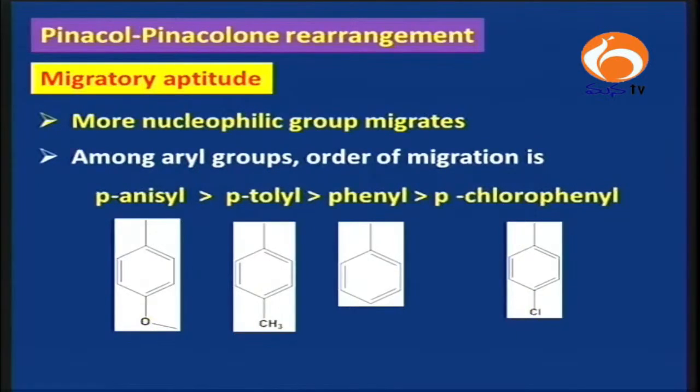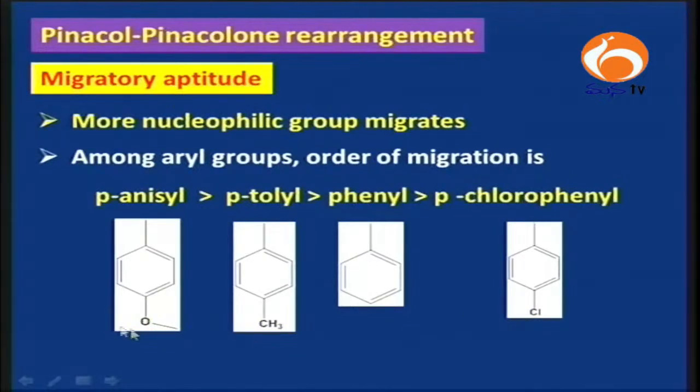The more the nucleophilicity of the group, the more readily the group will migrate. Therefore, the para-anisyl group will migrate at a faster rate when compared to para-tolyl, phenyl and para-chlorophenyl.